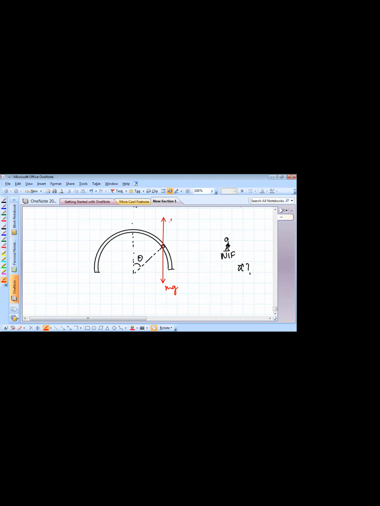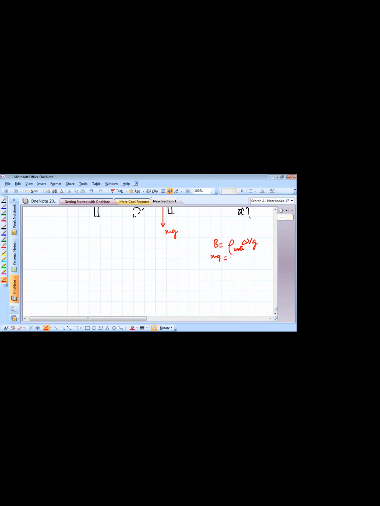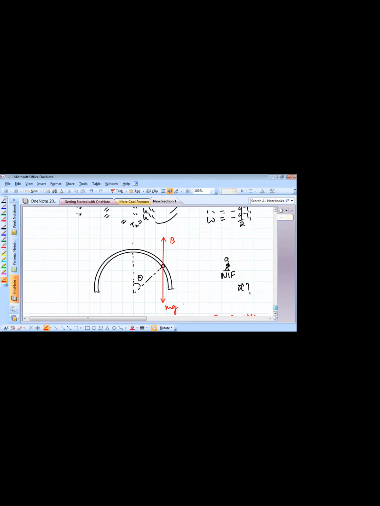Buoyant force would obviously be greater than weight, because buoyant force would be density of water into volume of the bubble, let's say delta V into g, whereas mg would be density of air into delta V into g. So you can see here that mg is actually a much smaller vector. You can neglect mg altogether.